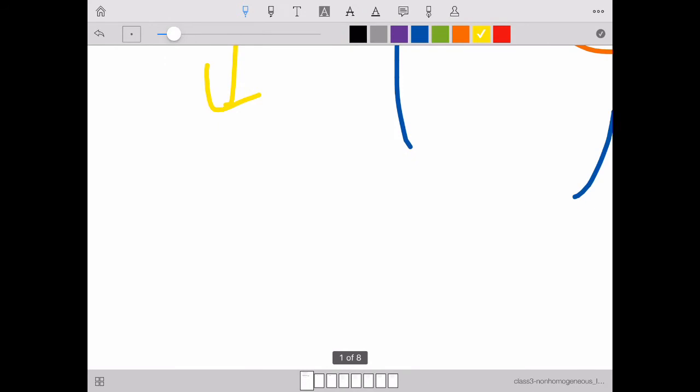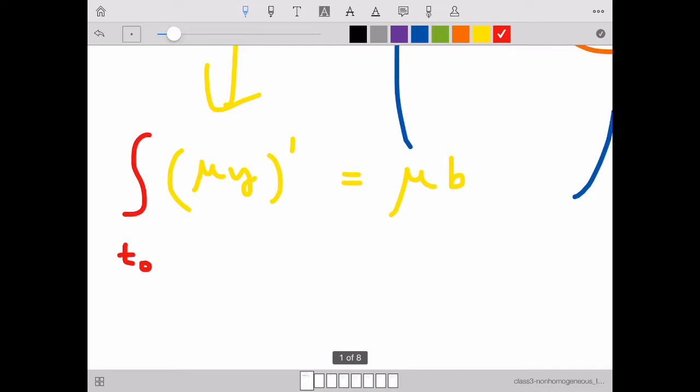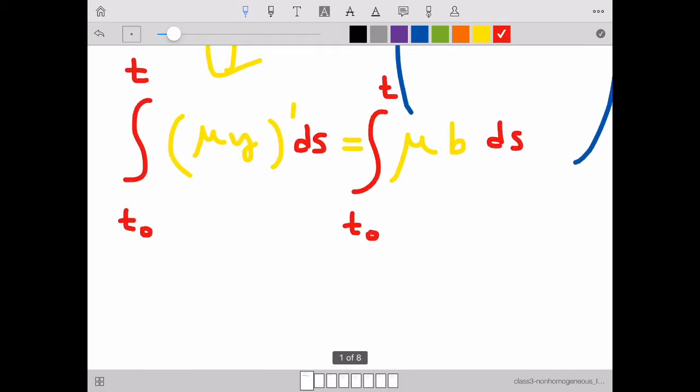so we have mu y prime is equal to mu b. That's what we have. So we will integrate this from t0 to t. When we do that, I have to rewrite my variable of integration as s.